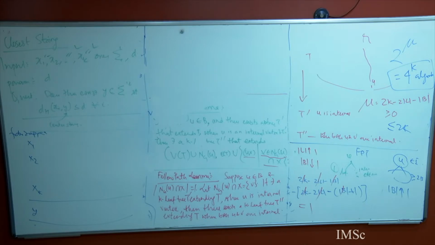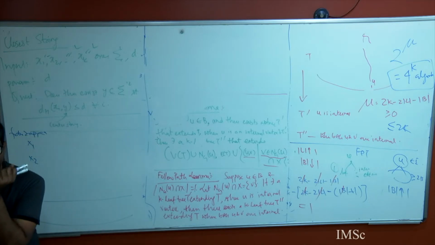And why is it a factor 2 approximation, madam? If there is one string which is more than 2d away, then there cannot be one string which is d away from both these two strings: the one that I have picked and the one that's d away.